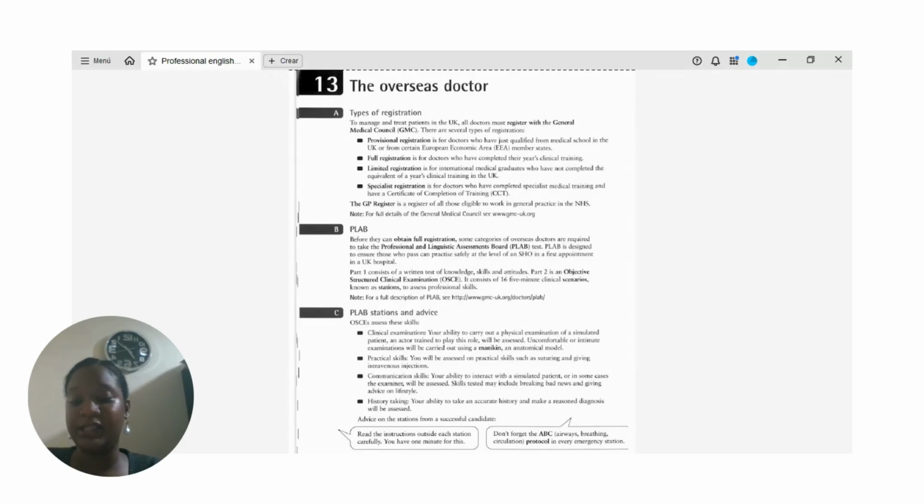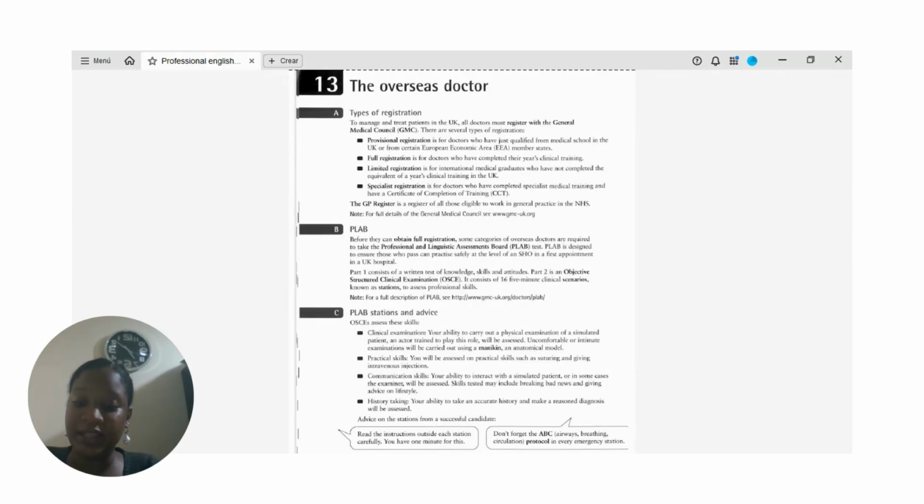Part 1 consists of a written test of knowledge, skills, and attitudes. Part 2 is an objective structured clinical examination (OSCE). It consists of 16 five-minute clinical scenarios, known as stations, to assess professional skills.